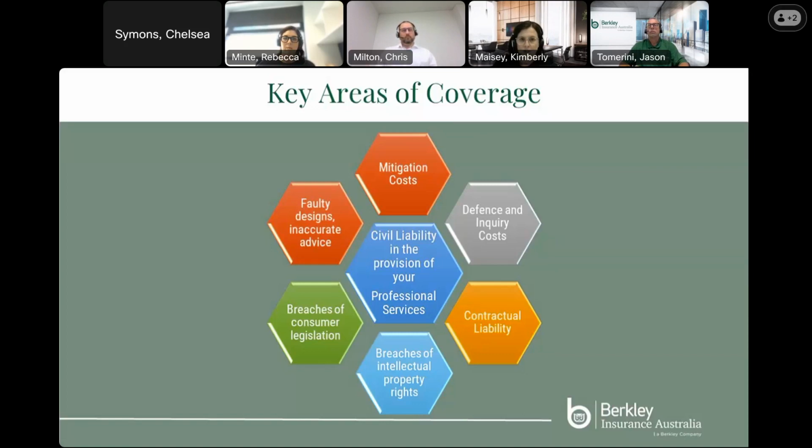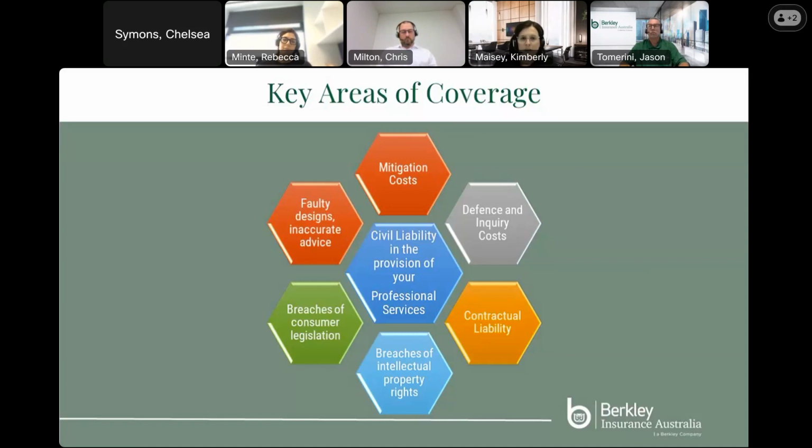Contractual liability. For liability the insured incurs under an indemnity or hold harmless term of a contract, to the extent that such liability results from the insured's performance of professional services. Please note, though, that we do not extend cover to full contract liability and it is limited to what is permitted by tort law. Breaches of intellectual property rights.